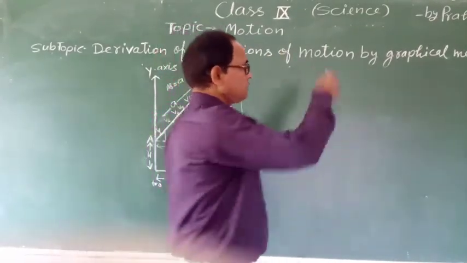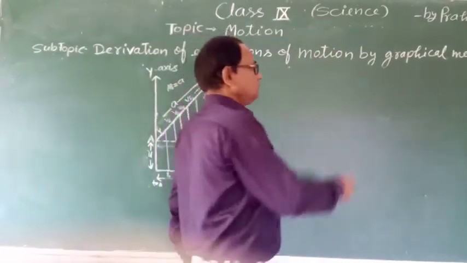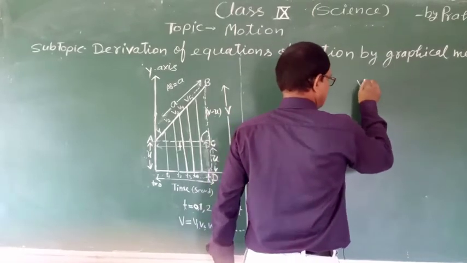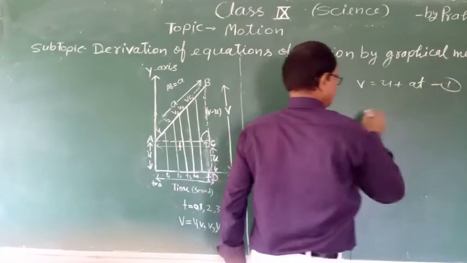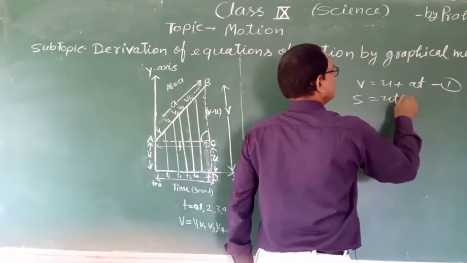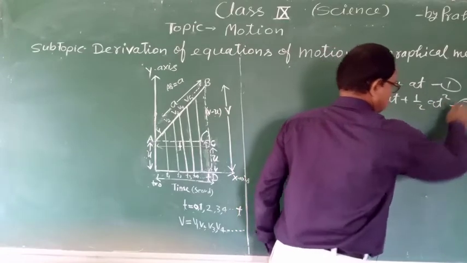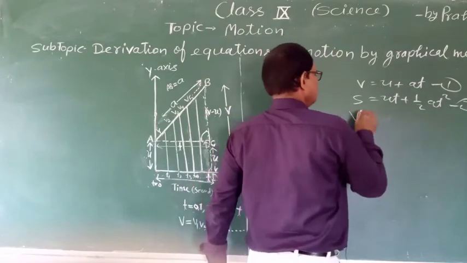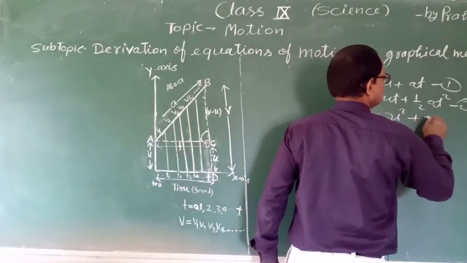You know that before this I have taught you the equations of motion. First equation of motion: v is equal to u plus at. Second equation of motion: s is equal to ut plus 1 by 2 at square. Third equation of motion: v square is equal to u square plus 2as.